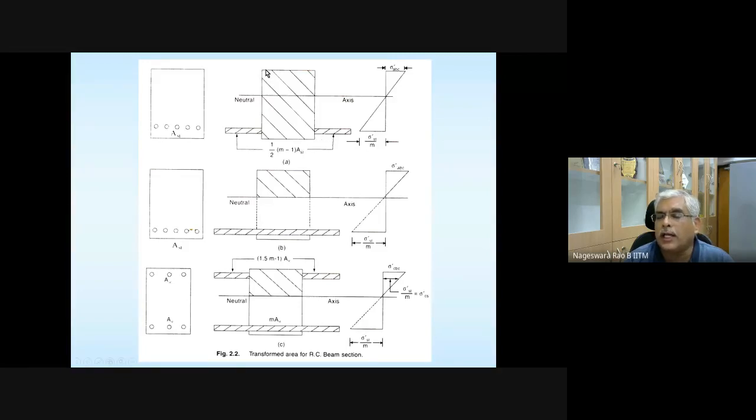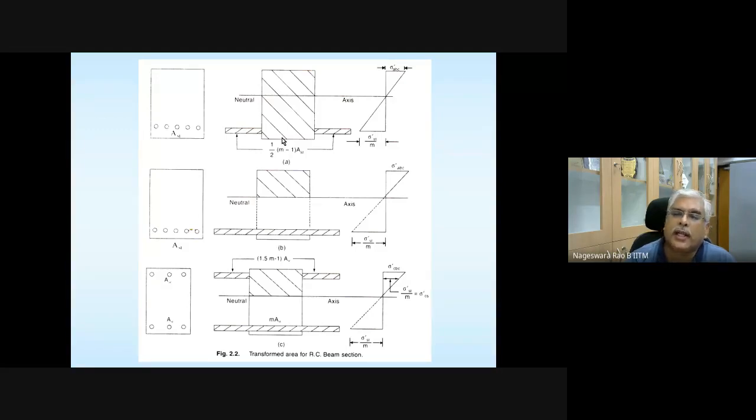So this shaded or hatched portion is the concrete area. And what about the steel area? Steel I am going to convert into equivalent concrete. And what is the equivalent area of concrete? Modular ratio times area of steel.